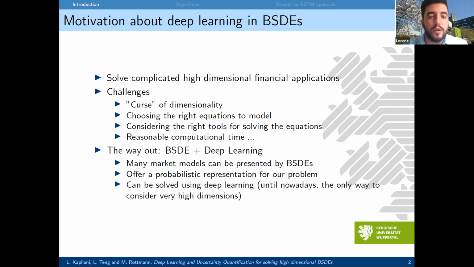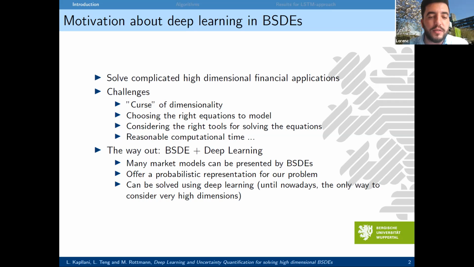The way out from all of these challenges is to consider the equations to be backward stochastic differential equations, and to solve them with deep learning. Another very important advantage of these equations is that they do not only represent, let's say, perfect market models, but also imperfections, such as when we consider stochastic volatility or local volatility or market imperfections and so on.